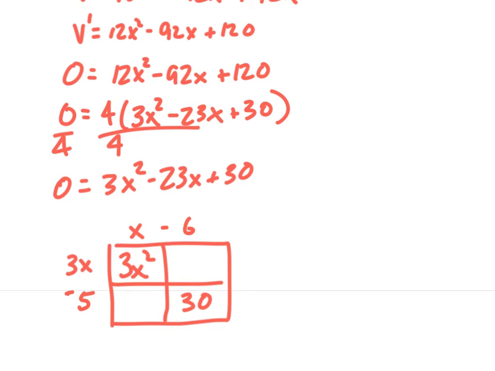The reason why I did that is because negative 6 and negative 5, if I multiply those two together, I get positive 30. If I take negative 6 times 3x, that's going to give me negative 18x. And then if I take x times negative 5, that's going to give me negative 5x. And if I add these two numbers together, then I'm going to get negative 23.